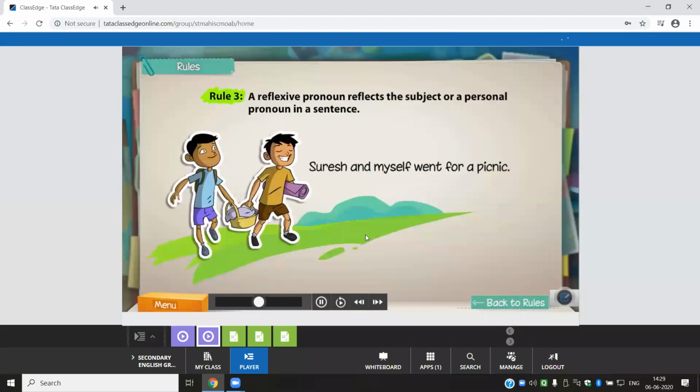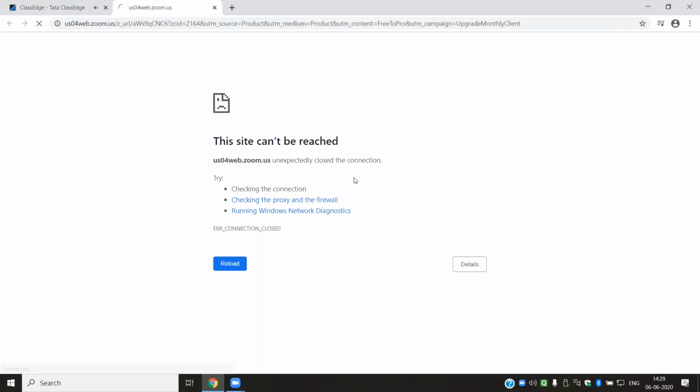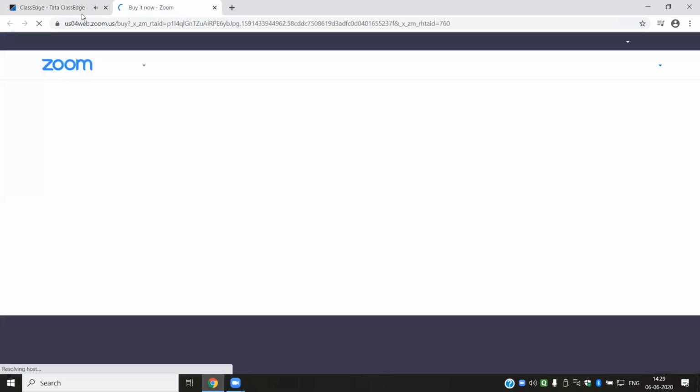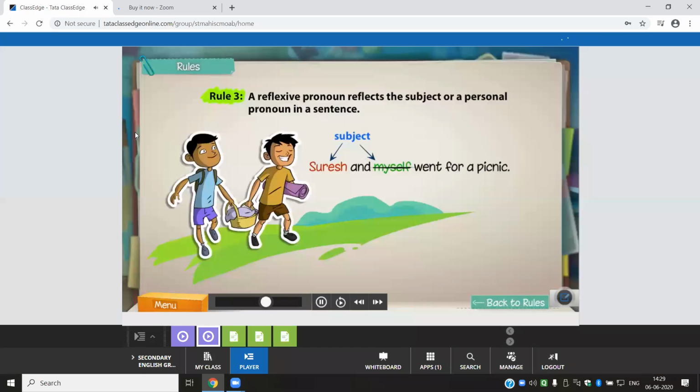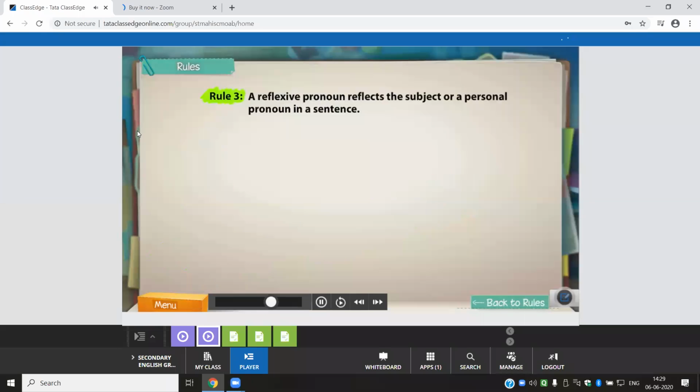However, a reflexive pronoun cannot be used as the subject. For instance, since a subject is required along with Suresh in this sentence, I should be used rather than myself. A reflexive pronoun can be used to lay emphasis or to express an unexpected action.